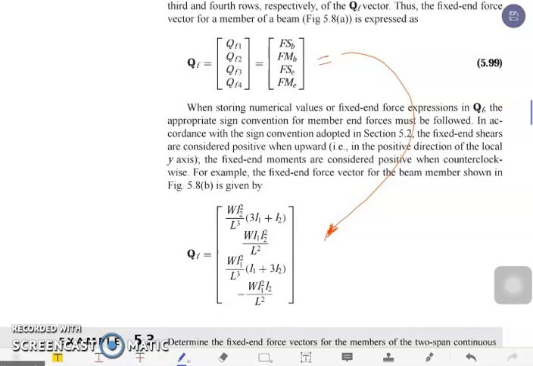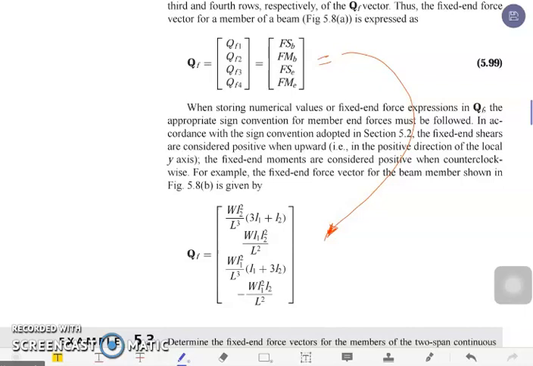And our L sub 1 and L sub 2, sorry, it's not moment of inertia. Those are small letter L sub 1 and L sub 2, which represent the lengths of our member as illustrated on the figure.